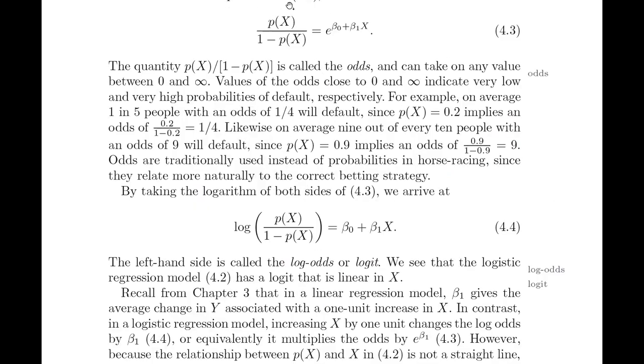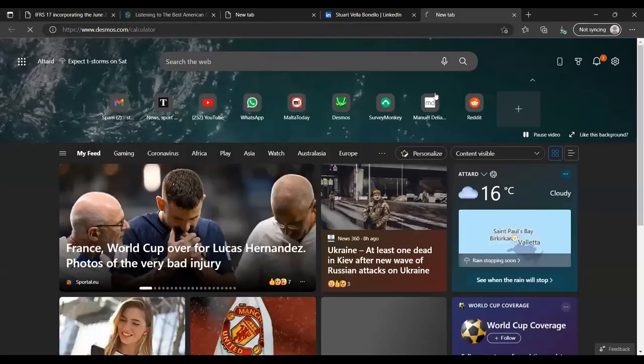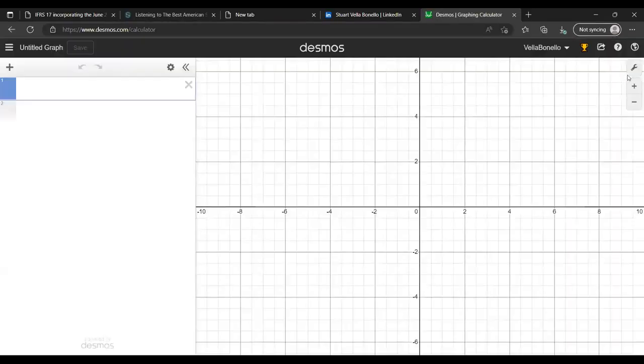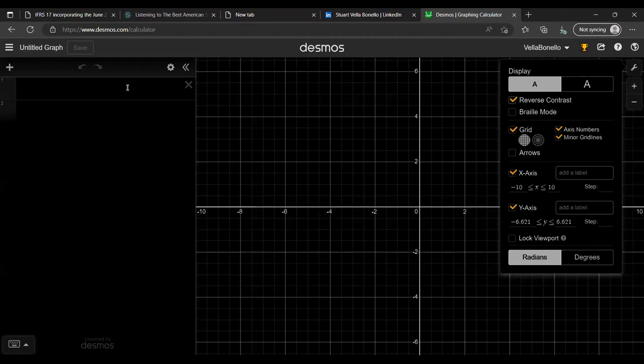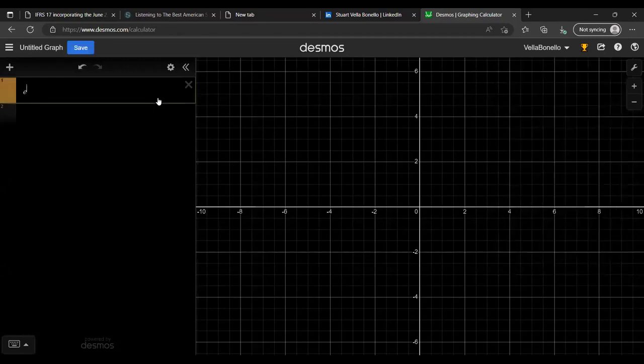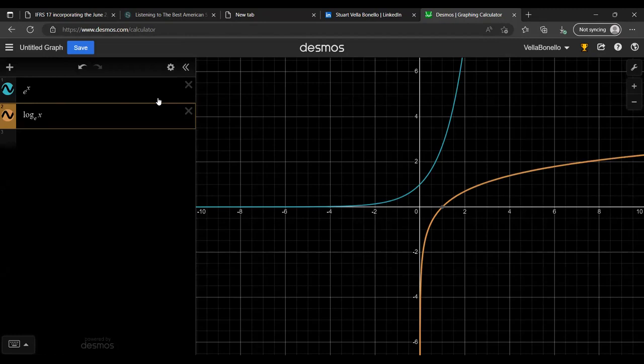If we take logs on both sides, so we're taking log to mean the inverse of e to the, you can see this in Desmos. I'm sure you're all up to speed with your logs, but for what it's worth, the book writes log, but it means log base e.